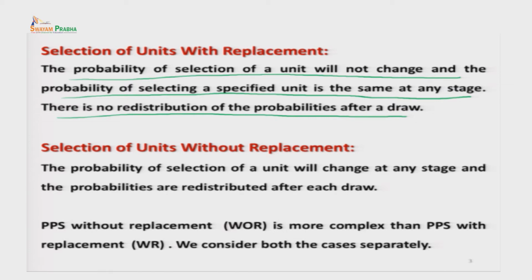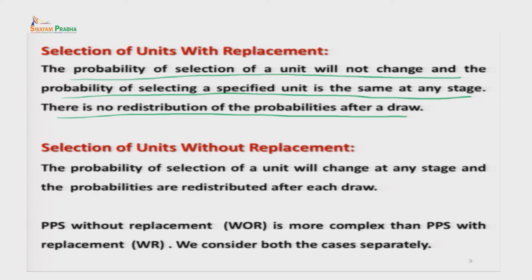But once you draw a unit and then put it back in the population, the probabilities will again become the same, right. But this will not be the case when we do it without replacement.